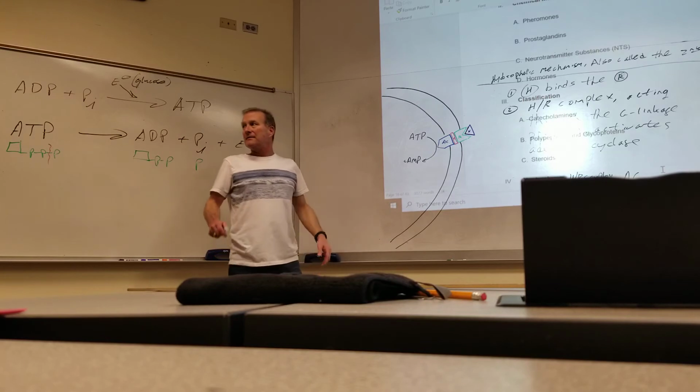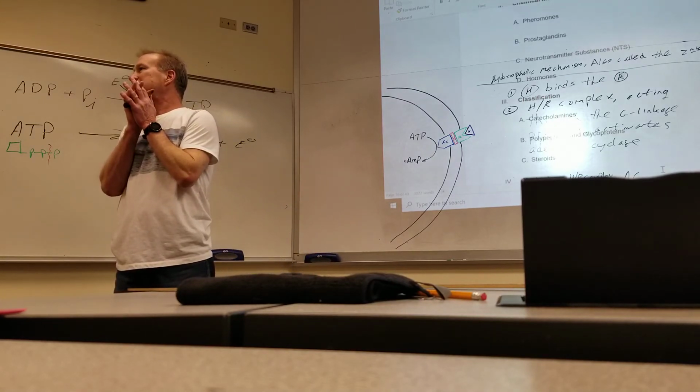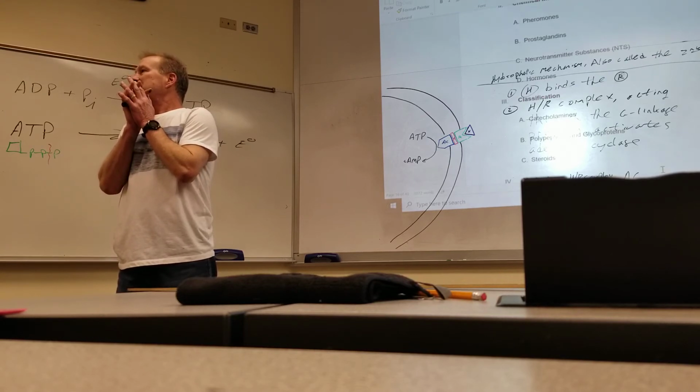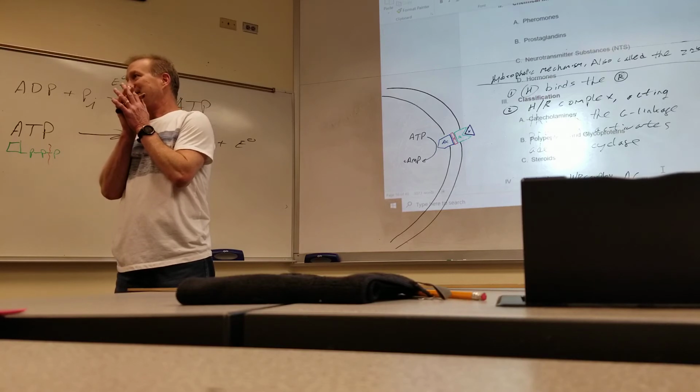So if it generates cyclic AMP, where does the differentiation come from inside the cell? There are different hormones that bind to the outside, but if they all generate cyclic AMP, how does the cell tell them apart? I'm going to tell you. You're going to wish that I didn't.